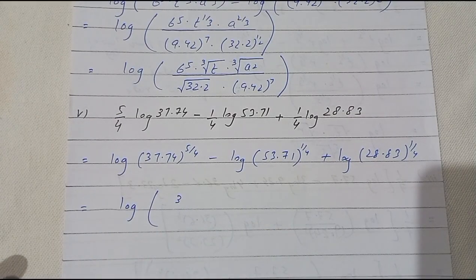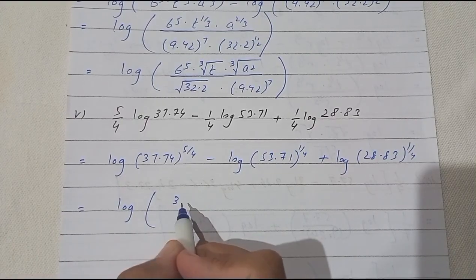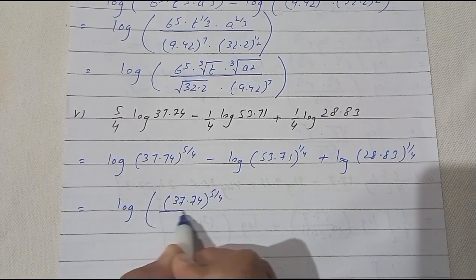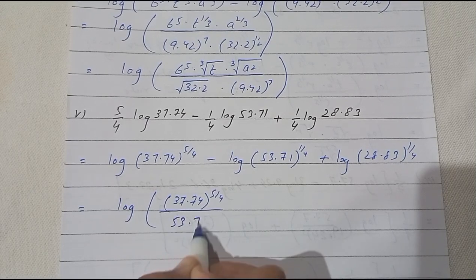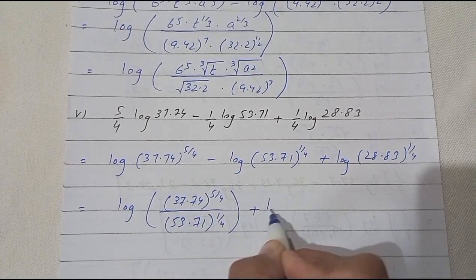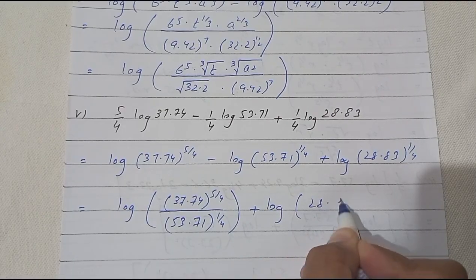Now applying the quotient law, log of 37.74 power 5 by 4 divided by 53.71 power 1 by 4.